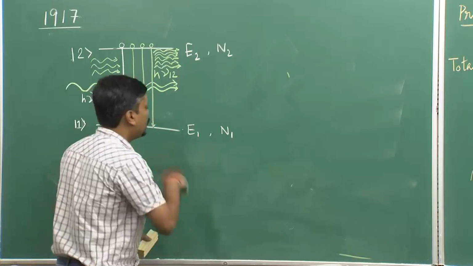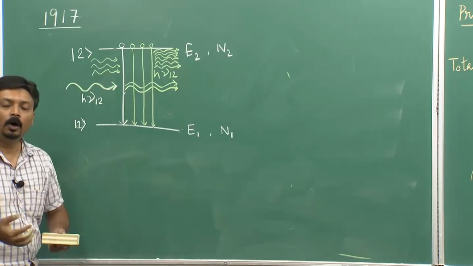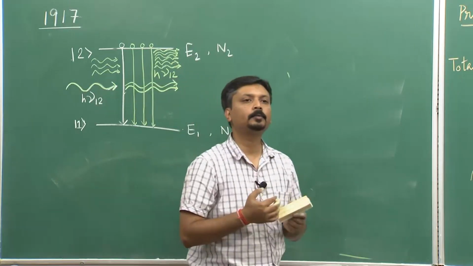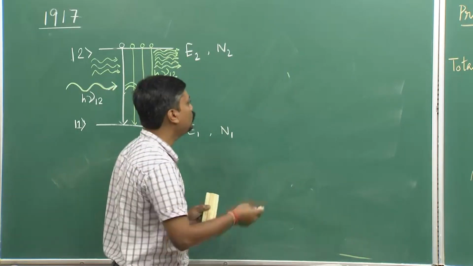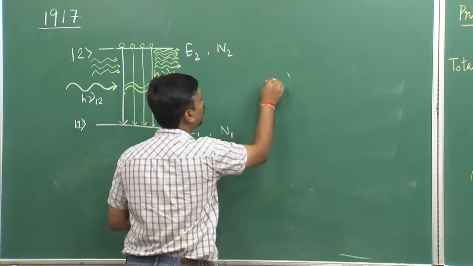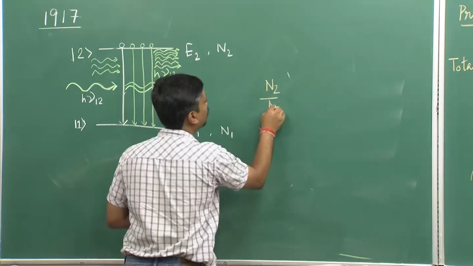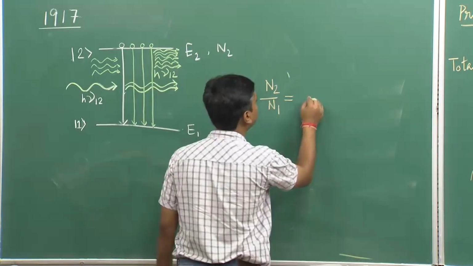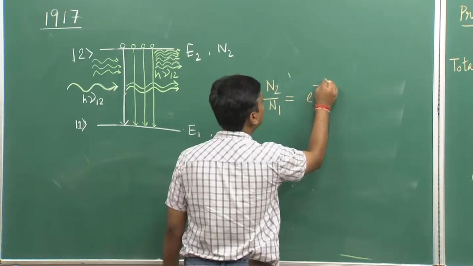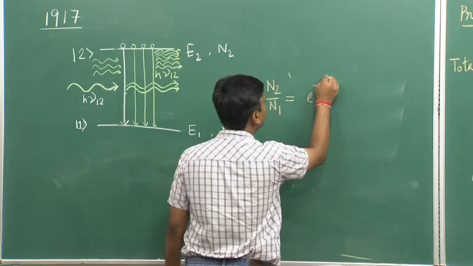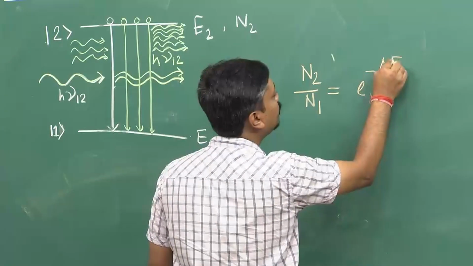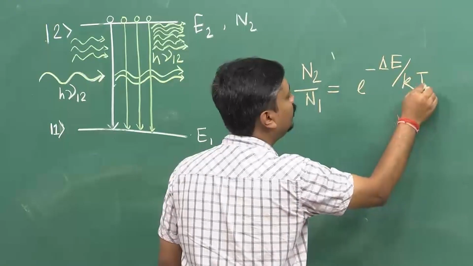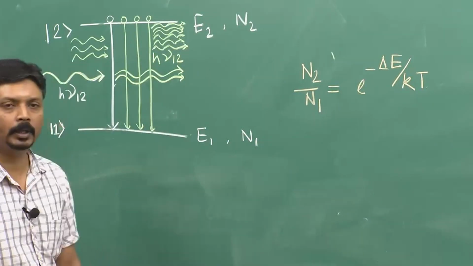So, if you recall what Boltzmann said, that the ratio N2 by N1 is equal to e to the power minus delta E by kT, where k is the Boltzmann constant.